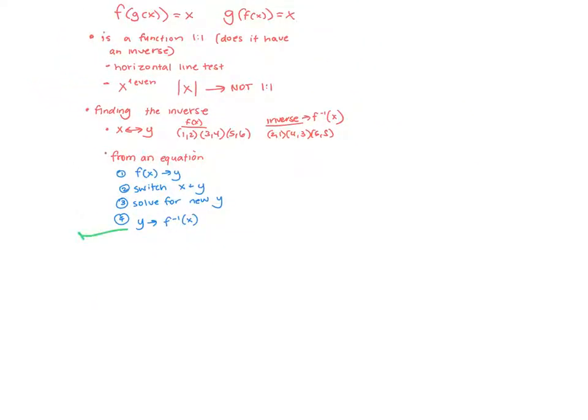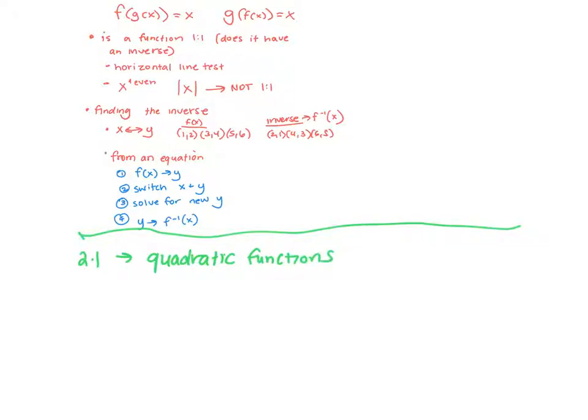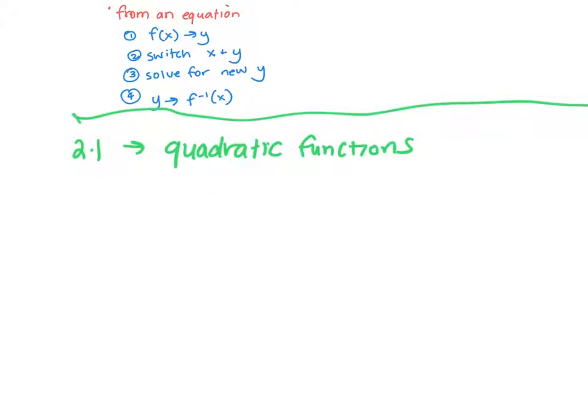Then came 2.1, which was all the quadratic stuff. So this is your complete the square. It's just going to tell you put the equation into standard form, and that's what that means.